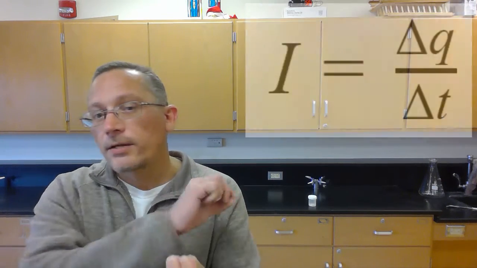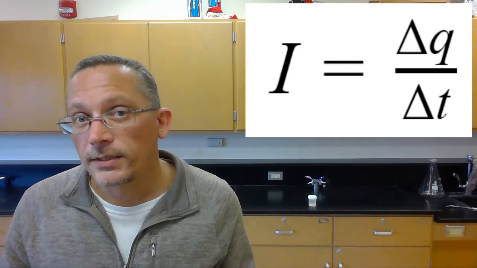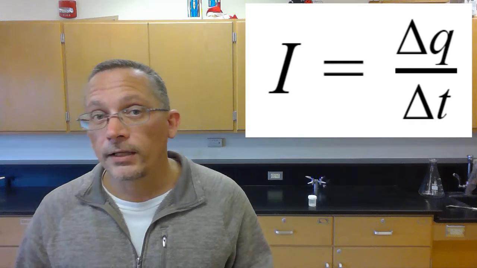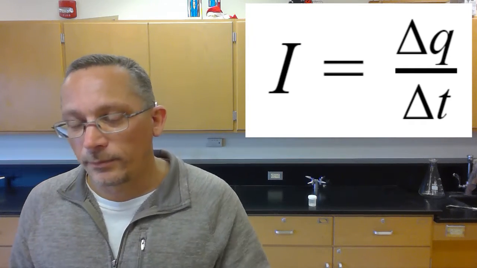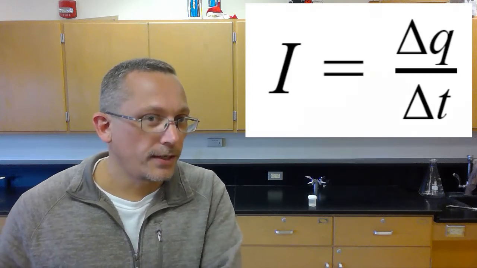You can find the electric current by taking how much charge passes a certain point in the circuit over the given amount of time that it takes to pass there, right? So you can find electric current by taking charge divided by time, right? So an ampere would be equal to a coulomb per second, right? So that's electric current.